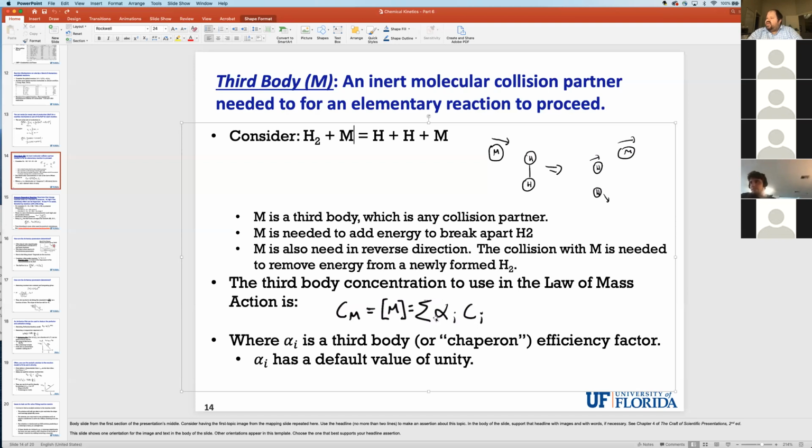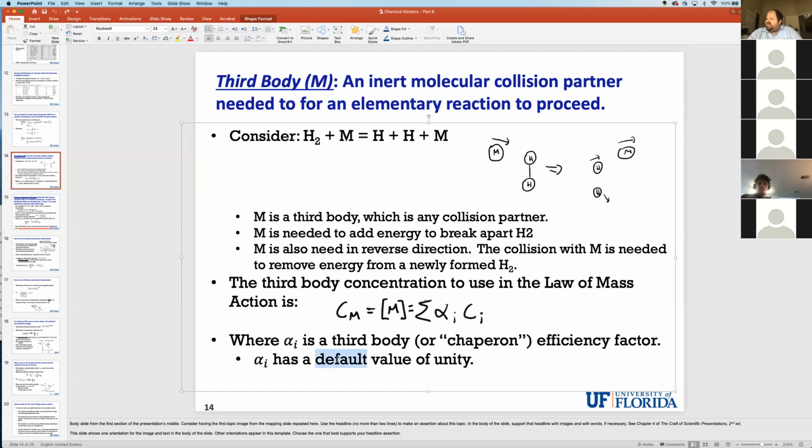And this alpha_i is called a third body efficiency or a chaperone efficiency factor. And these parameters, if any of you have played with Chemkin or Cantera, are often given with chemical reactions that have a third body in them.